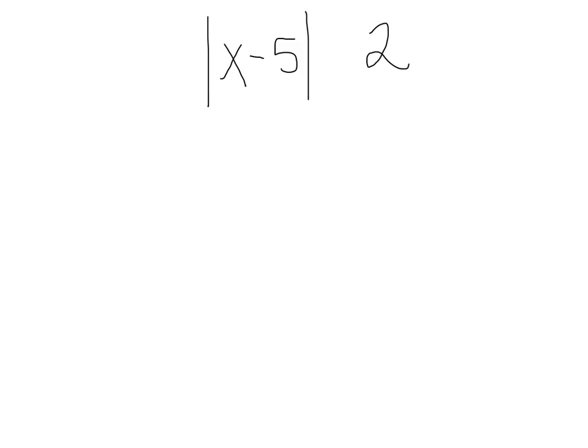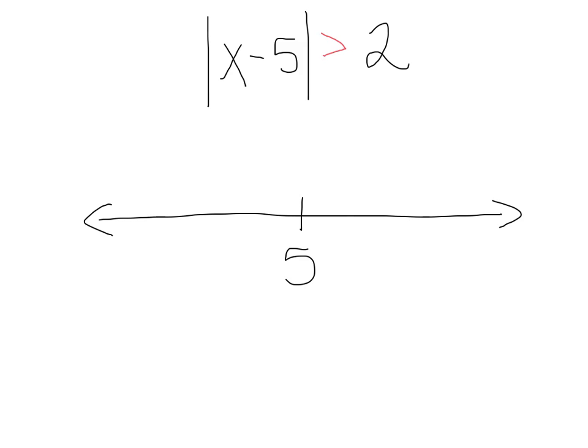Now, what if you have the absolute value of x minus 5 is greater than 2? You would do the same process as before, except our starting position is at 5, and we're looking at numbers that are greater than 2 units from 5. So we would look at what's 2 units from 5, in this case 3 and 7, and what numbers are bigger or greater than 2 units from 5.